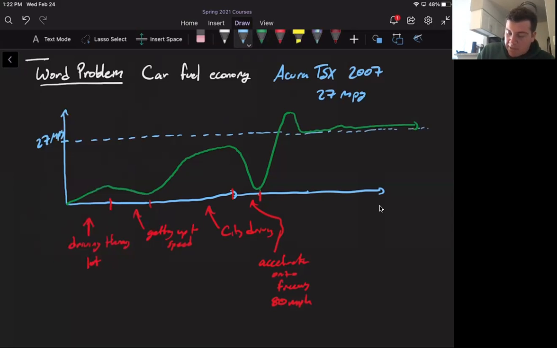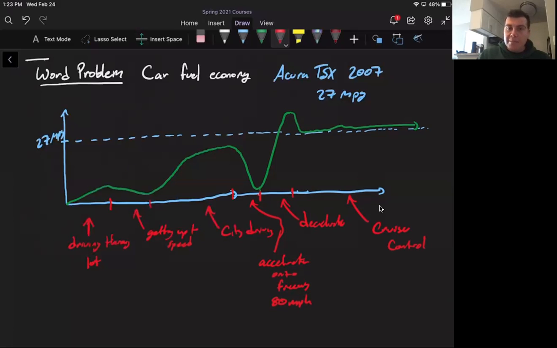It changes from time to time, but it's pretty close. So this period is decelerating. And then I just put on cruise control and the car is just going.